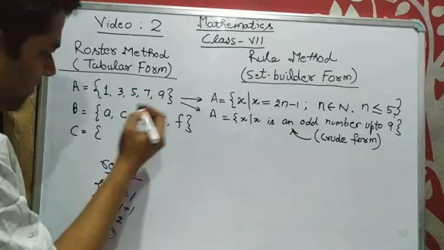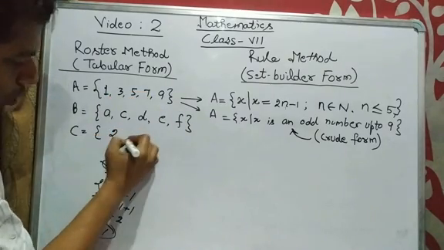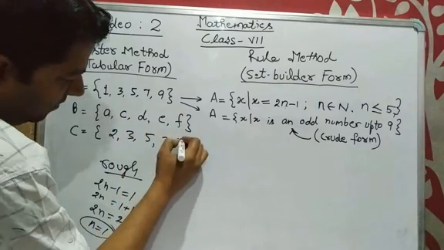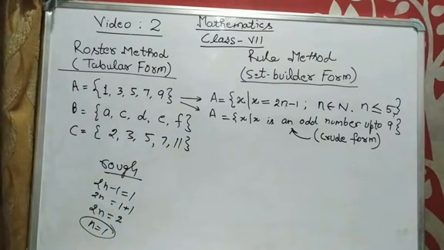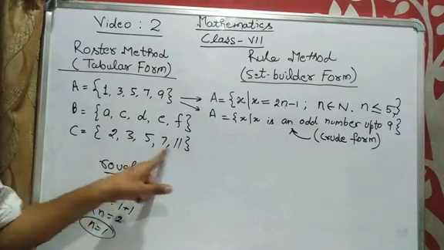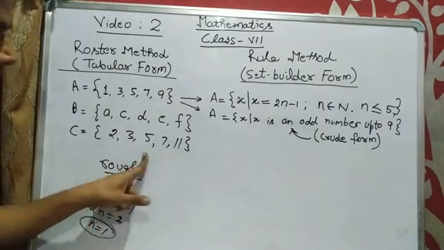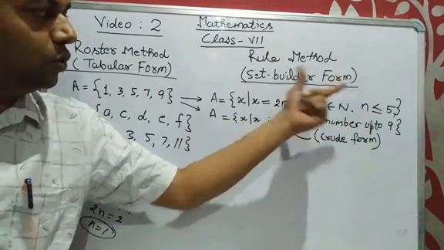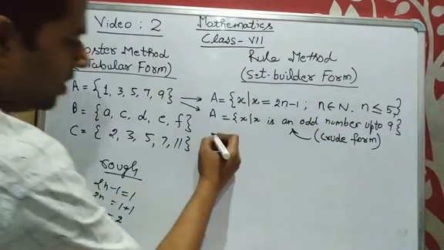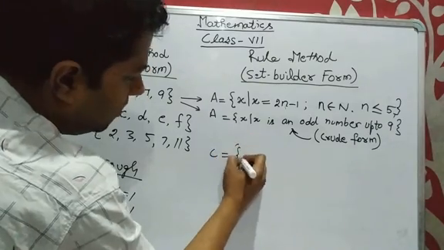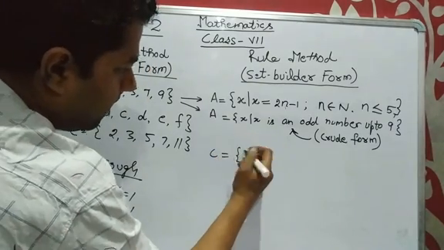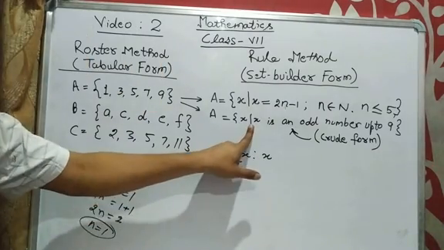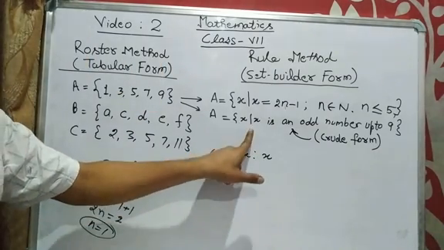Let us take some prime numbers. 2, 3, 5, 7, 11. There is no common pattern among these numbers. So we can't define the prime numbers in mathematical form to represent in the set builder form. So we'll write C is equal to X such that, see students, this is also such that, this is also such that.